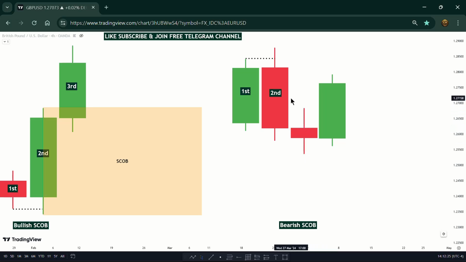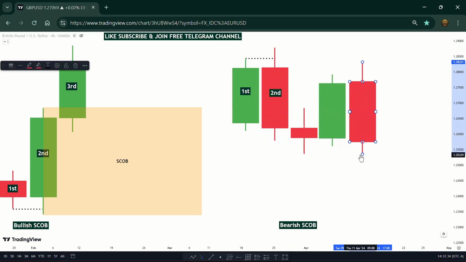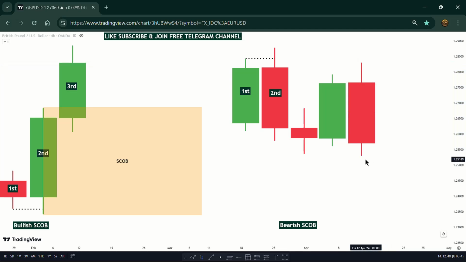When you have a candle that is going to form at least like this, maybe something like this, to the downside, then this is going to be your third candle. When I say third candle, just think of it as a confirmation candle. This candle is the one that has confirmed this as a single candle order block.